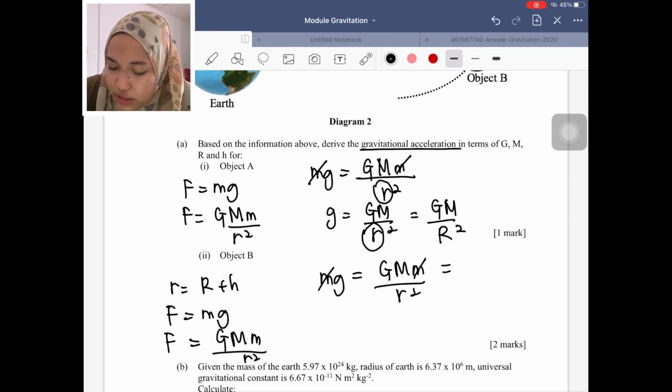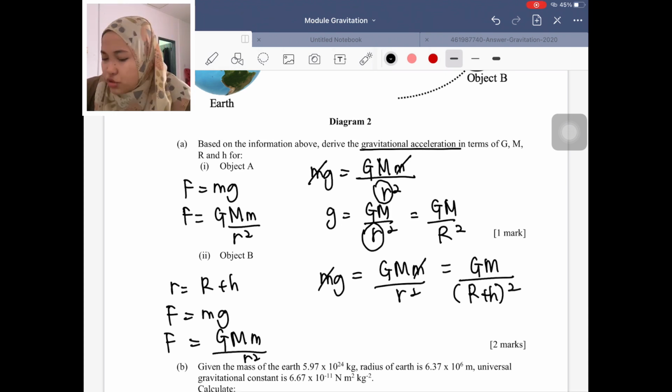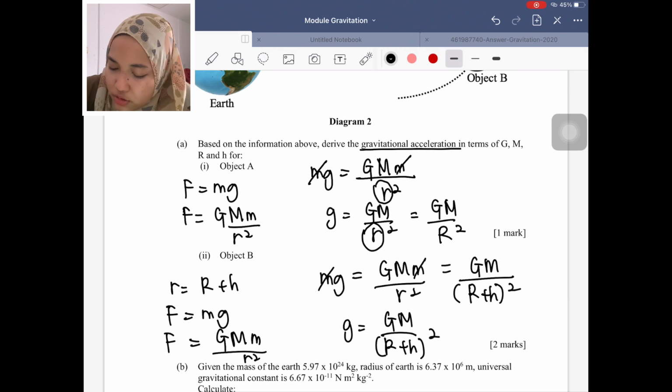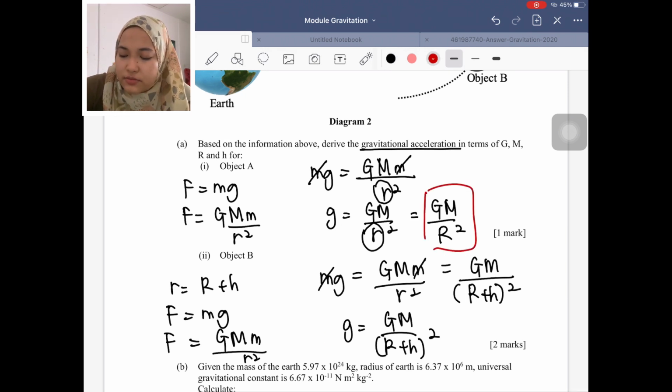So kita dah boleh potong dah siap-siap m ni. So tinggal GM. So R ni gantikan dengan R plus H squared. So g equals to GM over R plus H squared. Okay, so this is the final answer.